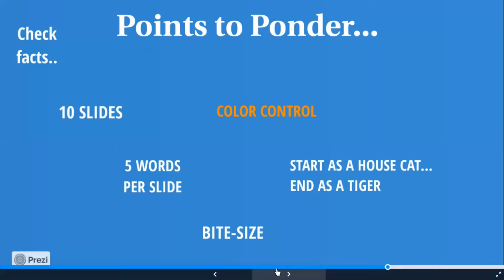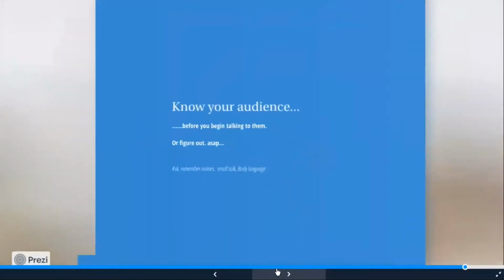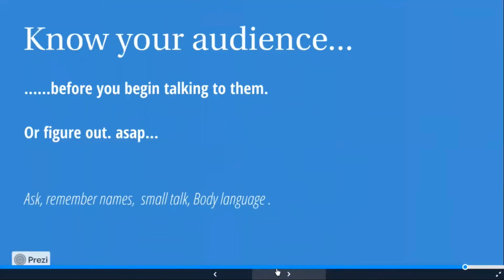Start slow. Don't start with too much power. Just start slow, start soft, ease into the situation, get to know the place and the people who are listening to you. And yes, end as a tiger, end good, but start very soft. Know your audience. You can't always do that.